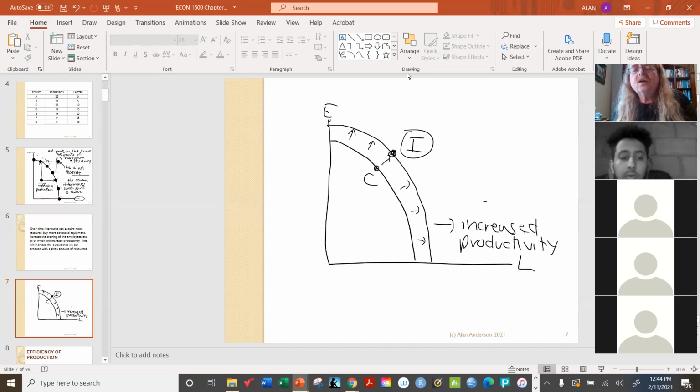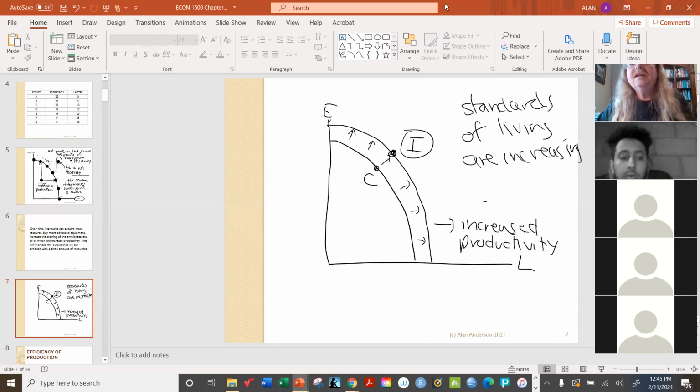If this happens across the board in all products that are being produced, that means in the population in general, our standards of living are increasing because we can have more of everything. Okay, and that's only going to help the consumer.